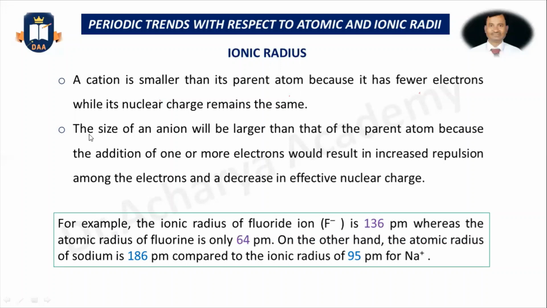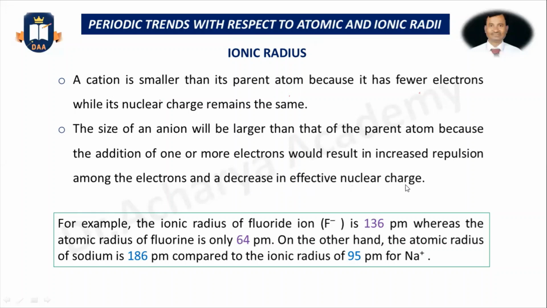That is the reason. But for the size of an anion, that means you are adding electrons, and it will be larger than the parent atom because the addition of one or more electrons would result in increased repulsion among the electrons. Because whatever atoms, the number of electrons is there, for anions more electrons enter the same outer shell, and in this case the increased repulsion among the electrons will happen and a decrease in effective nuclear charge.